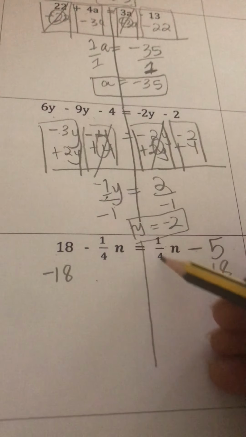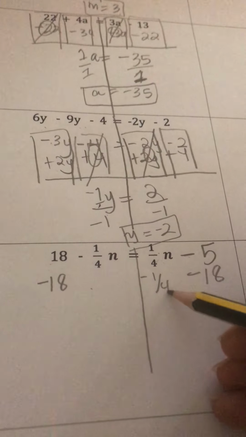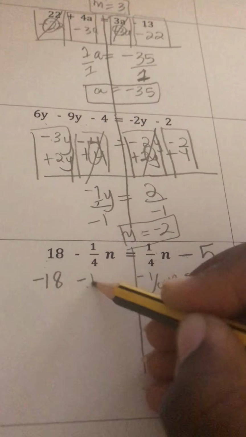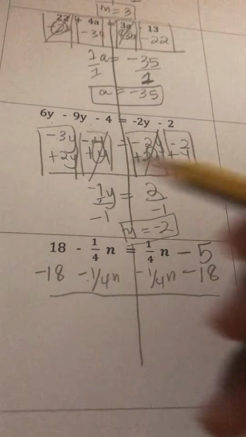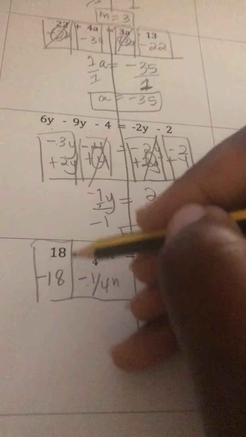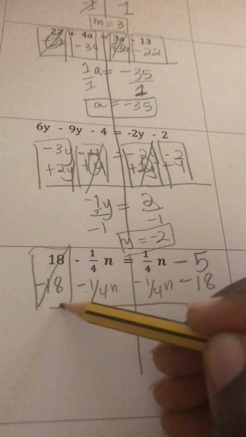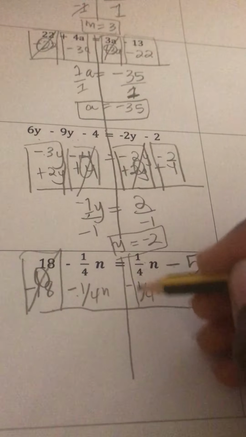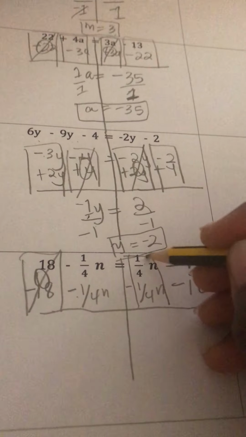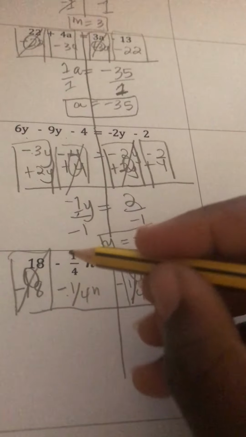A quarter is positive over here, so I'm going to subtract a quarter n. That becomes 0. And this becomes 0 here. That becomes 0.